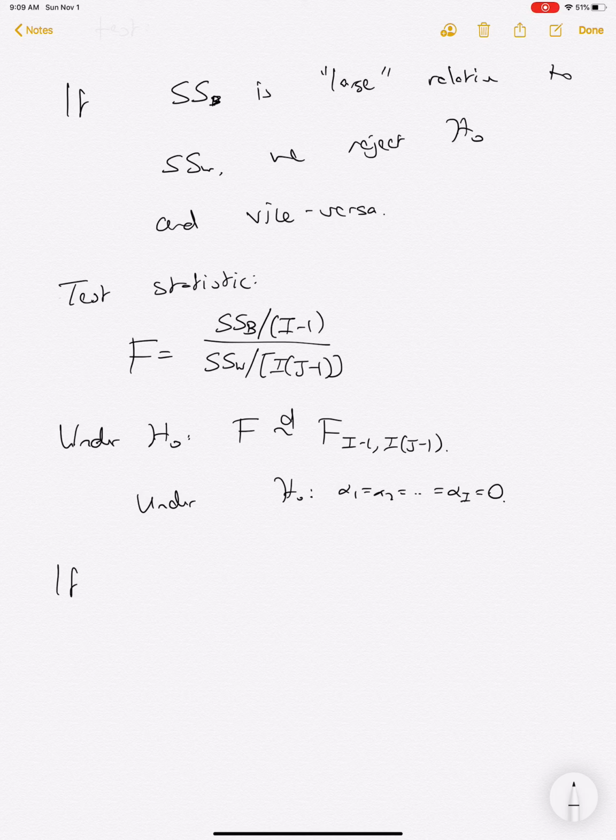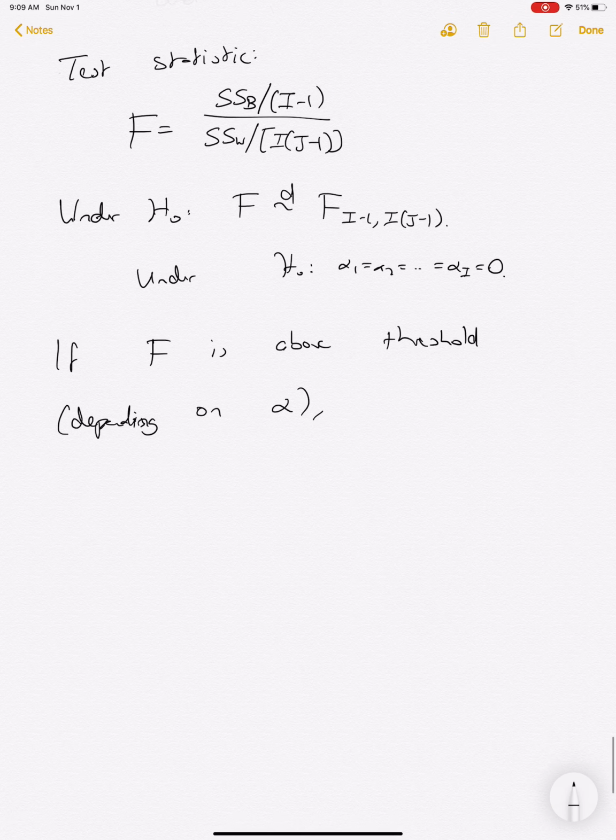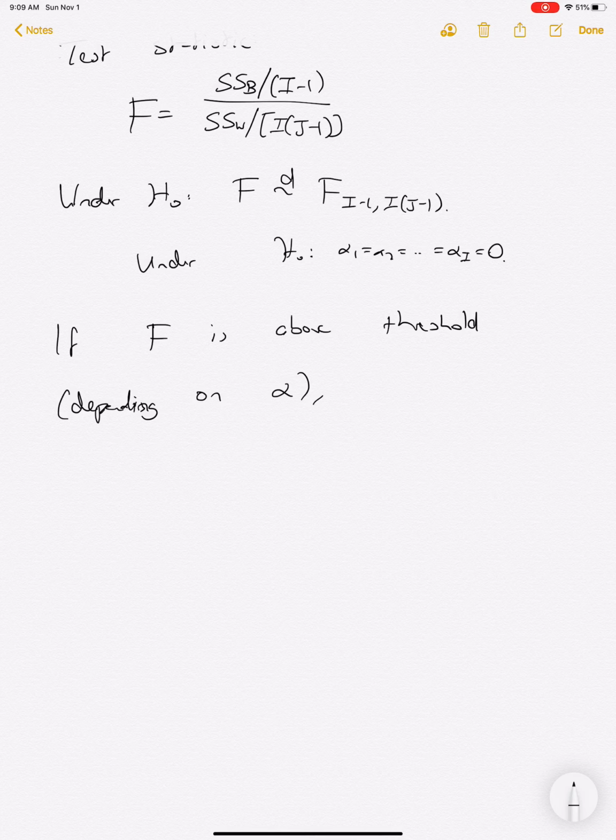So if F is above a threshold, and that threshold depends on alpha, remember that alpha is the size of the test, and that distribution, then we would reject H naught. Otherwise, we'd accept H naught.